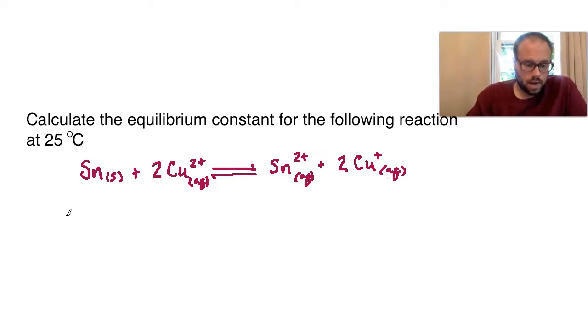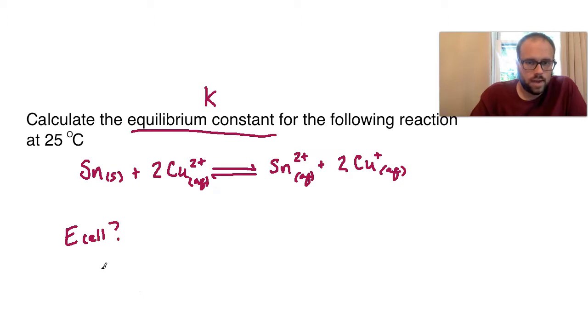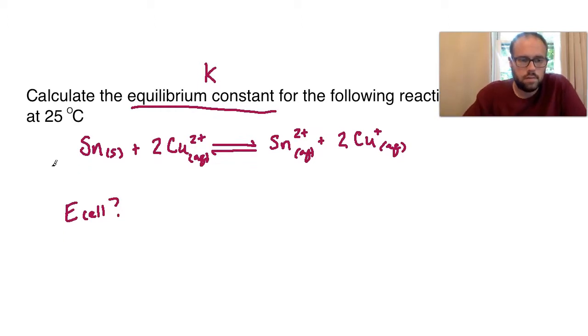Okay, so what I really should try to do here, if I want to find the equilibrium constant, which is K, I'm going to try to find what my E cell is based on this, because I can certainly go in and find the values at 25 degrees Celsius for E cell, right? And I should put a standardized note up here.